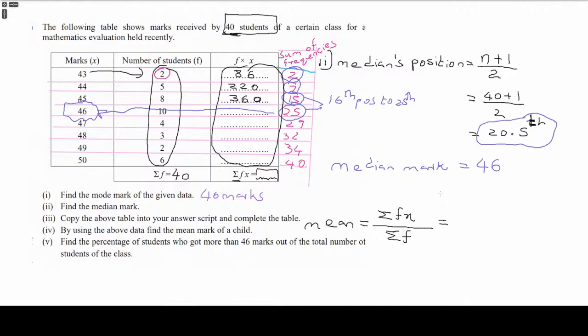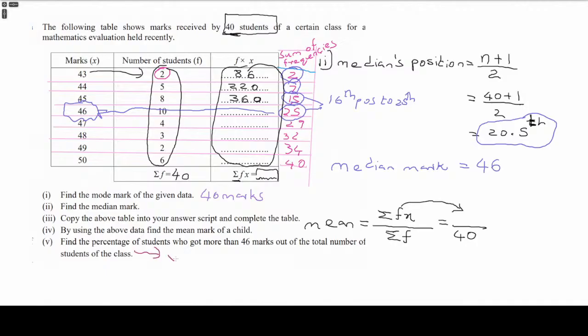So sigma fx, I haven't found out, but when you are doing the workings, you can add all and find out what is sigma fx, then divide that by 40, then you get the mean mark. That's Roman 4.